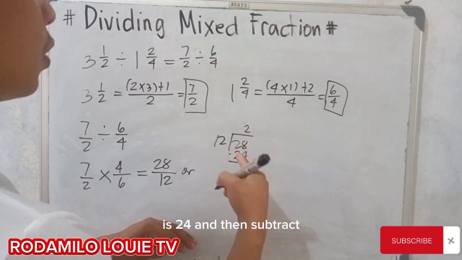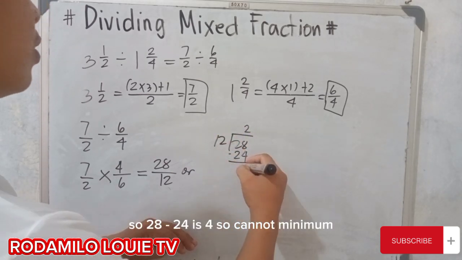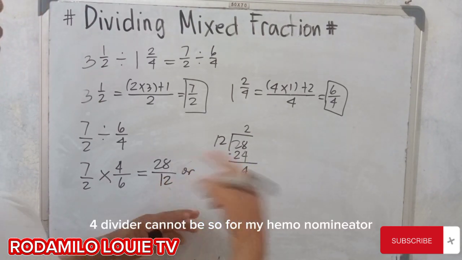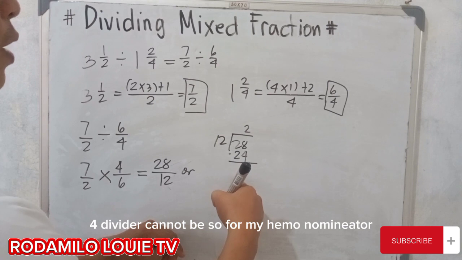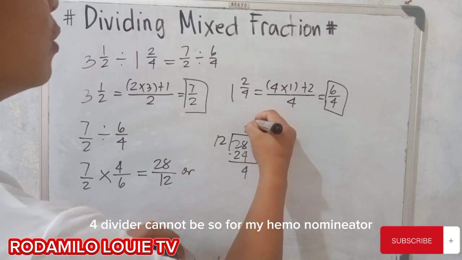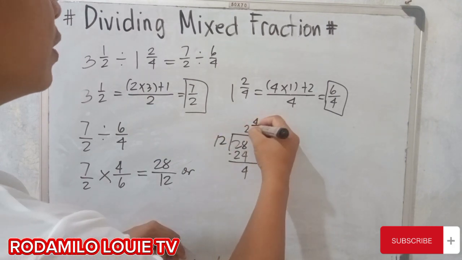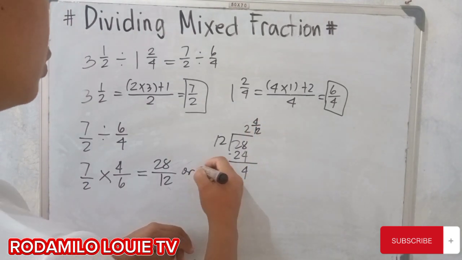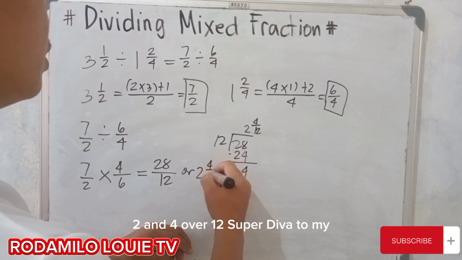Let's subtract: 28 minus 24 is 4. 4 cannot be divided by 12, so the 4 becomes the numerator and 12 the denominator. So 2 and 4 over 12.